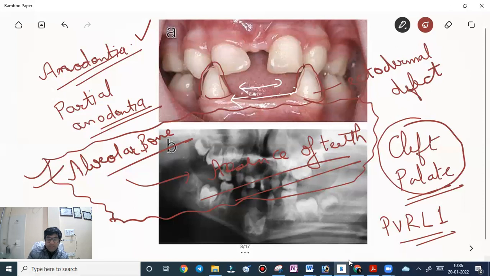Also remember, the gene that causes hidrotic ectodermal dysplasia is GJB6.